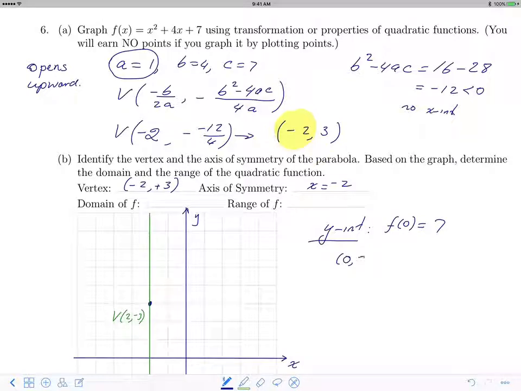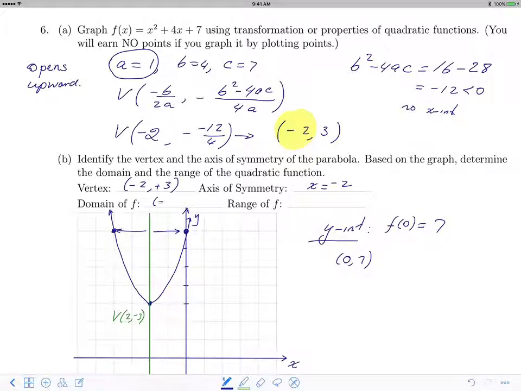So 0, 7 is the y-intercept. So here we go. This is 3, 4, 5, 6, 7. So 0, 7. And because of symmetry, we can go the other way, 2 units, and we know we have another point there. And so now I can just graph my parabola as such and answer the rest of the question.